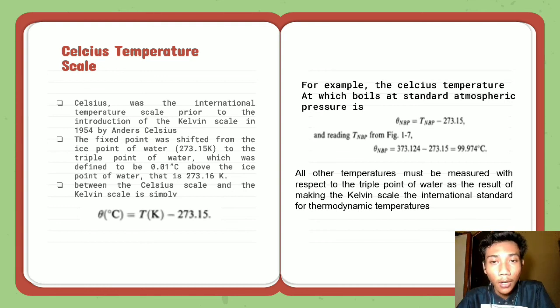The relation between the Celsius scale and the Kelvin scale is simply theta Celsius equals T Kelvin minus 273.15. For example, the Celsius temperature at which water boils at standard atmospheric pressure is theta_nbp equals T_nbp minus 273.15, and reading T_nbp from figure 1.7, theta_nbp equals 373.124 minus 273.15 equals 99.974 Celsius.